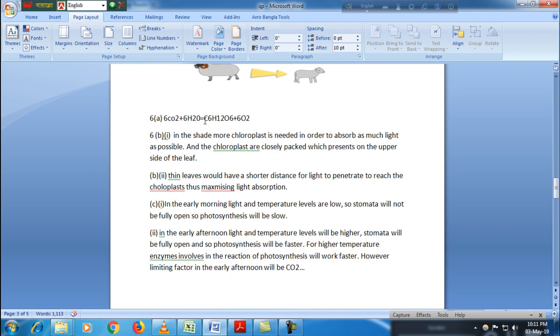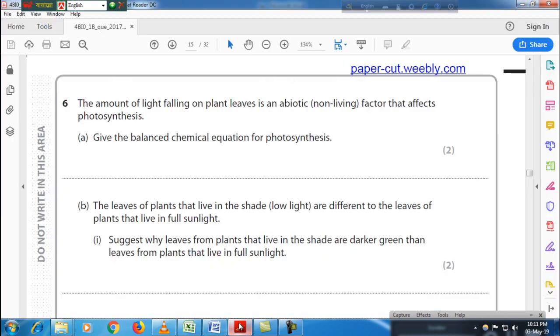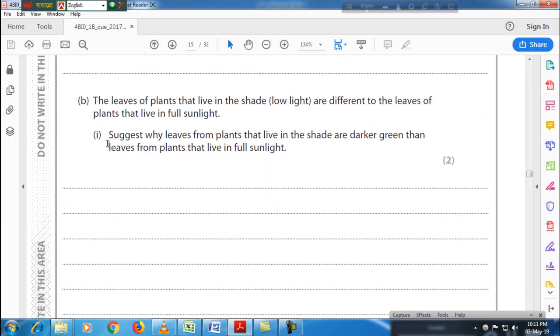So what is the balanced equation? It's carbon dioxide plus water, which will give glucose and oxygen. So you have to balance the chemical equation. It will be 6 carbon dioxide, 6 water, and 6 molecules of oxygen, and C6H12O6, which is glucose.